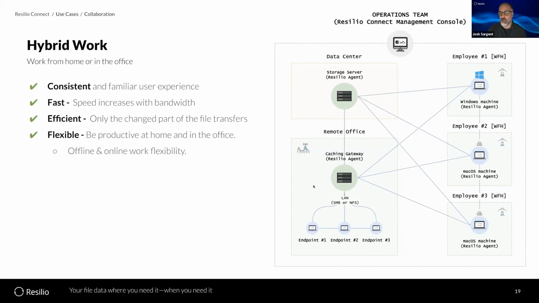And what's nice is with Resilio and this transparent selective sync feature, you can set a server up with that same feature, and it will on demand sync just the files and folders that it needs or its users request, so that you can be much more efficient with the infrastructure that you're putting out at these smaller remote branches. Okay, so it's a great feature, works in both scenarios.